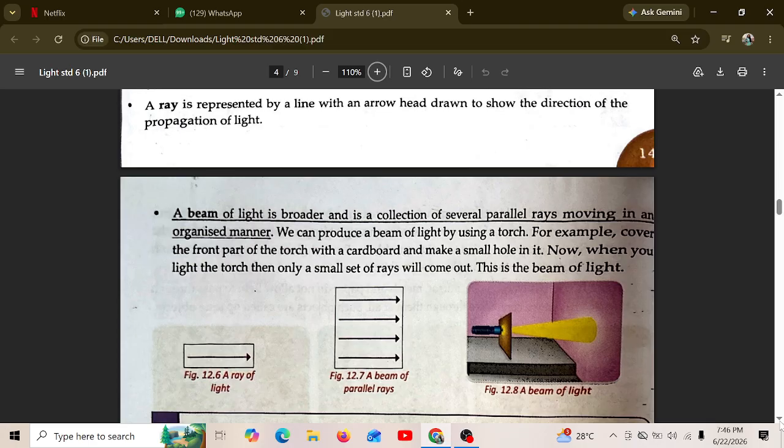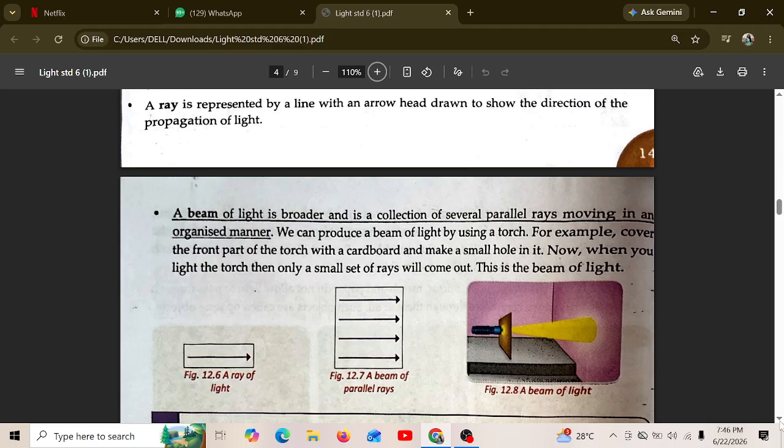Now remember, a ray can form a beam, but a beam can never go back to a ray. A ray can always come together to form a beam of light, but a beam of light can never go back to a single ray of light. It is very difficult in general.